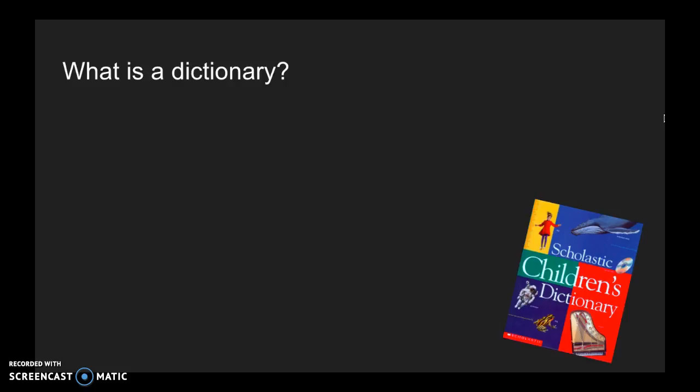What is a dictionary? Well, a dictionary is, to start, just one book. It contains words that start with A all the way to Z, all in one book. Dictionaries can be pretty thick books because they have a lot of words in them.